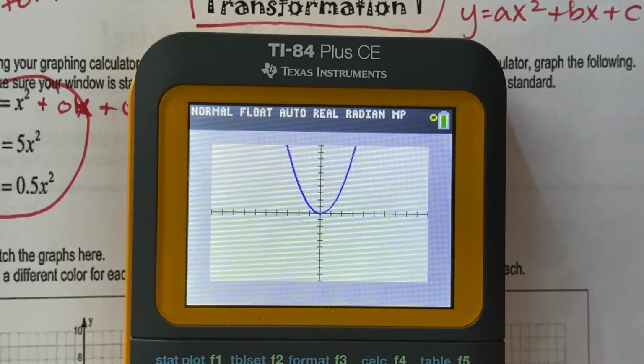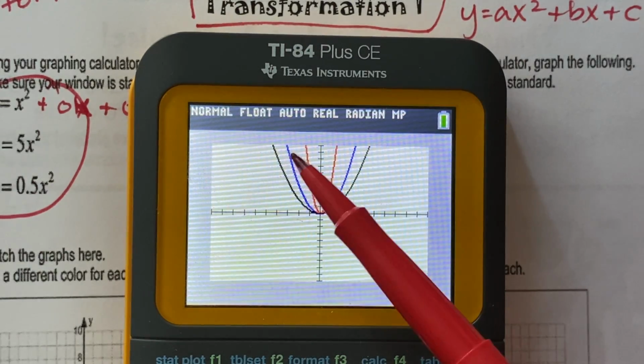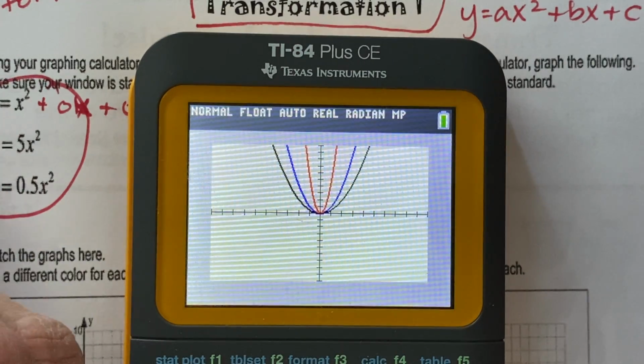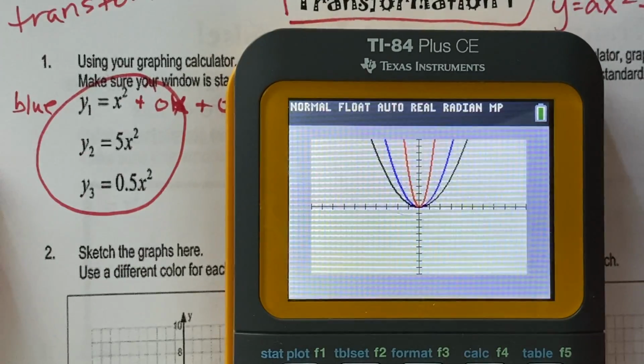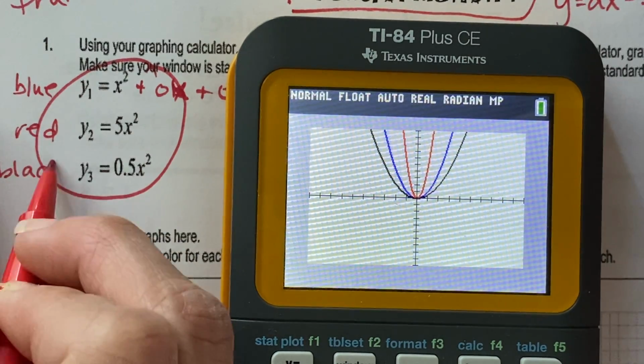And it'll graph in the order that you put it in, right? So y1, y2, y3. Sorry, my calculator has such a lag on it. It's crazy. All right, so blue, remember, was y equals x squared. And then red, and then black.